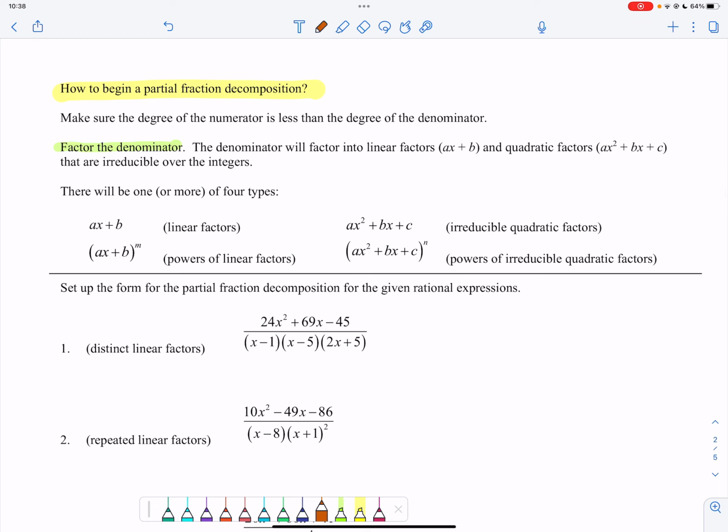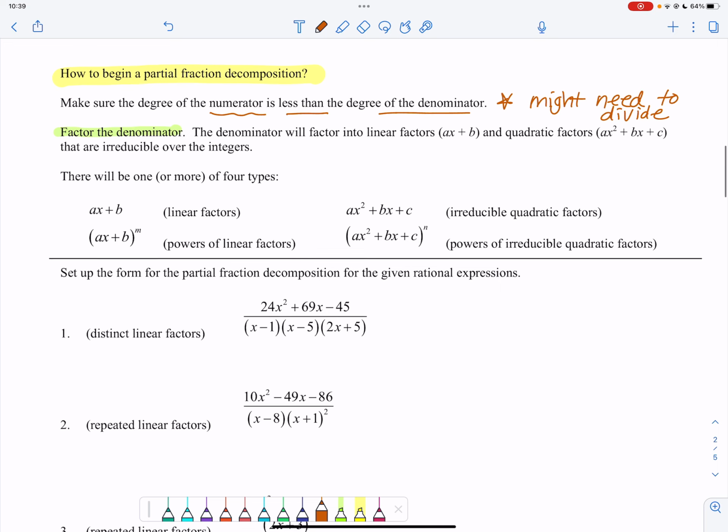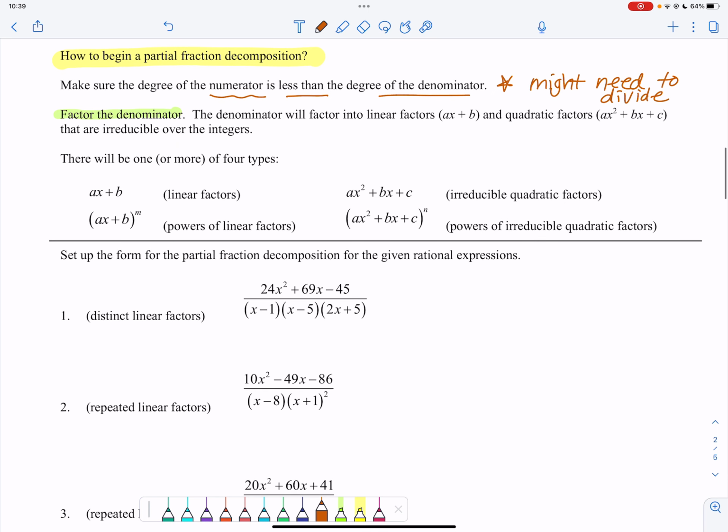We also want to make sure that the degree of the numerator is less than, not less than or equal to, the degree of the denominator. If it's not, you might need to divide. And then the denominator will factor into linear factors.